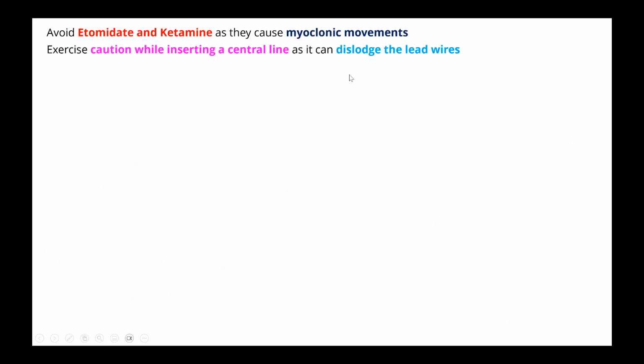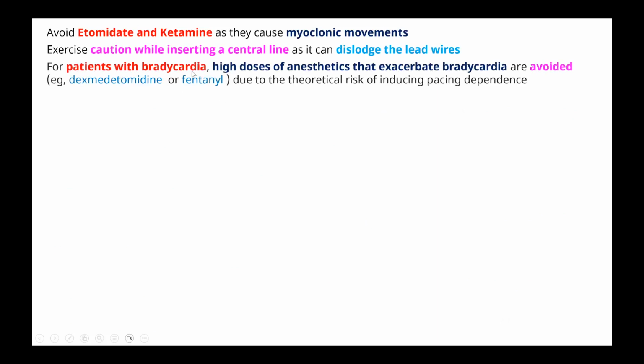And avoid etomidate and ketamine also, because they can produce myoclonic movements, which will again interfere with the pacemaker. Exercise caution while inserting a central line, as this may dislodge the lead wires. And for patients with bradycardia, high dose anesthetics that can exacerbate bradycardia, for example using dexmedetomidine or fentanyl, can also interfere with the pacing and cause problems.